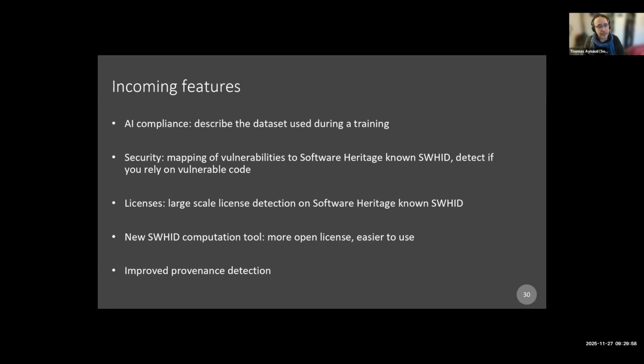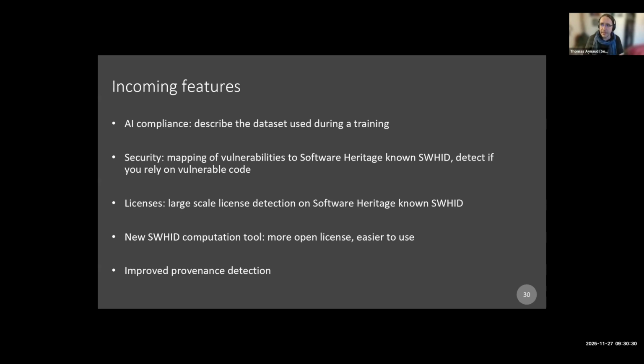We are also thinking about using it in security. So we are building a mapping of the vulnerabilities, all the CVE that you can find, to the Software Heritage known suite. In the CVE, the vulnerability description, you often have a fixing commit where the vulnerability has been fixed, and an introducing commit where the vulnerability has been introduced.